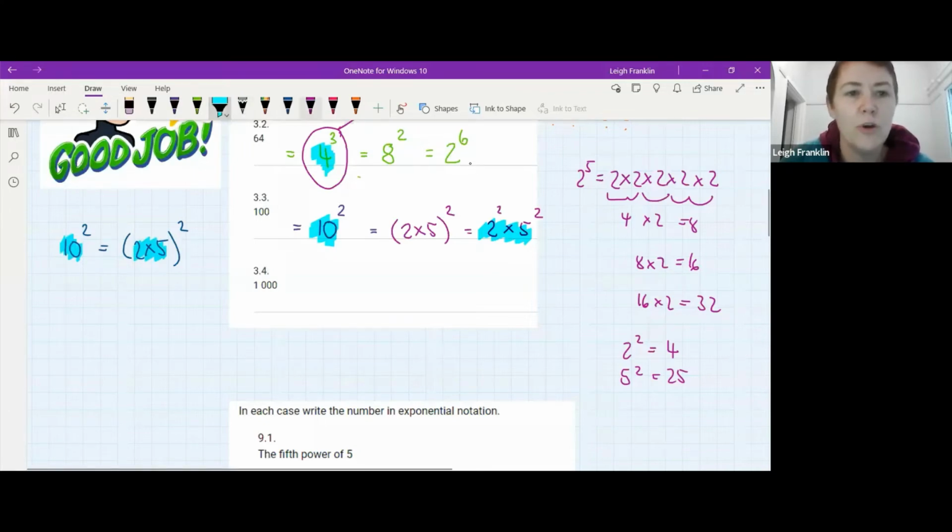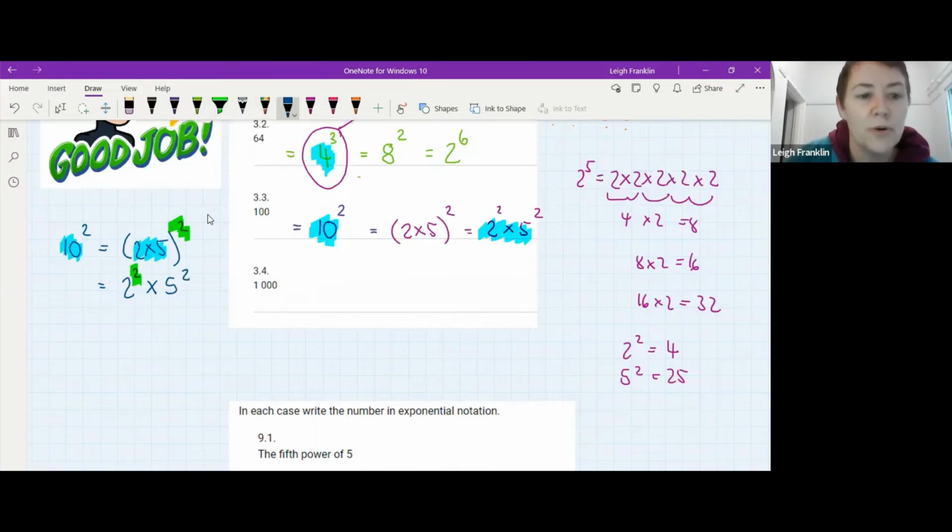So I'm just showing you something else that is also going to be true, that this is the same as taking 2 and giving it the same exponent that it had before, which was a power of 2. Okay. And then keeping your times 5. And then also giving it an exponent of 2. Oh.